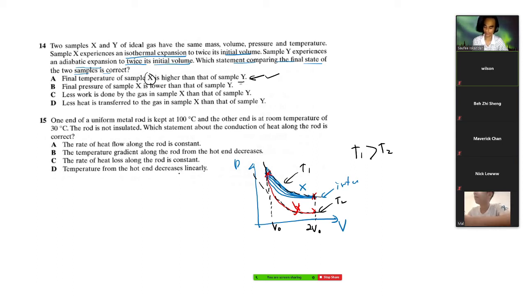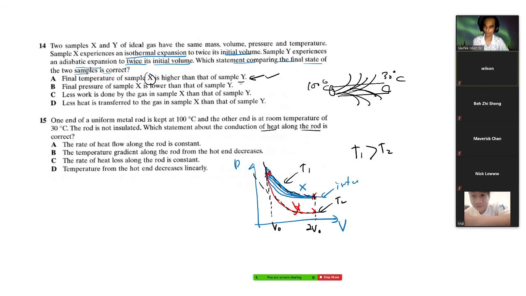Number 15, the last. One end of a uniform metal rod is kept at 100 Celsius, and the other end is 30 Celsius. The rod is not insulated, which means the heat can go away to the side of the rod. Which statement about the conduction of heat along the rod is correct?